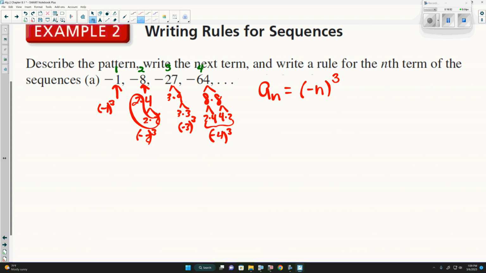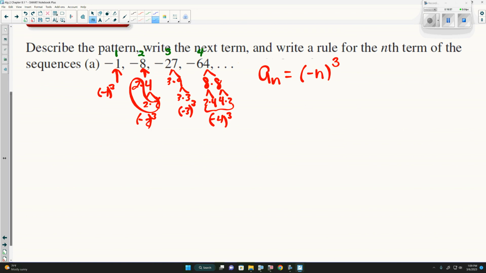Because once we get an idea of what the rule should be, negative n to the 3rd, we can test it by saying a sub 1 would be negative 1 to the 3rd, which is indeed negative 1. Then a sub 2 would be negative 2 to the 3rd, which is negative 8.